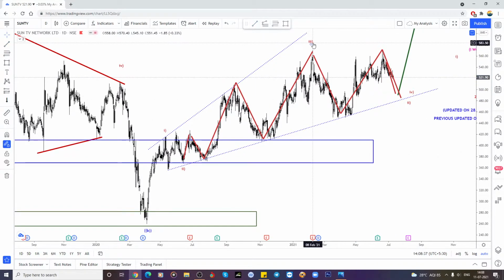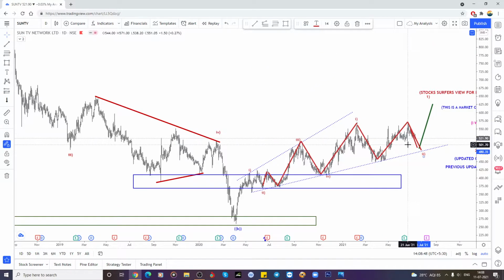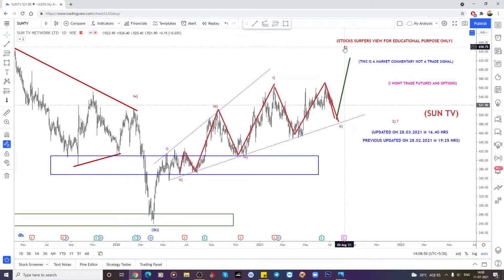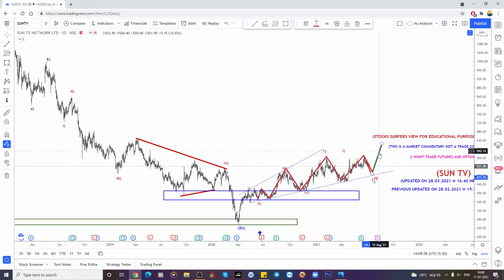But previously I took this as a 3, this as a 4 and this as a 5. So this could be a wave 1 and this could be a wave 2. I said, right, this is a wave 1 and we are looking for that wave 2, whether this is the wave 2 or it is going to complete the wave 2, and looking for that 3rd wave.